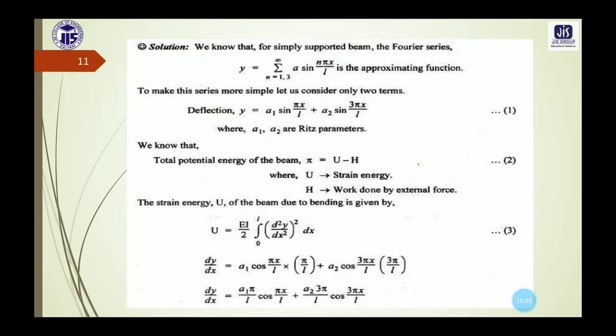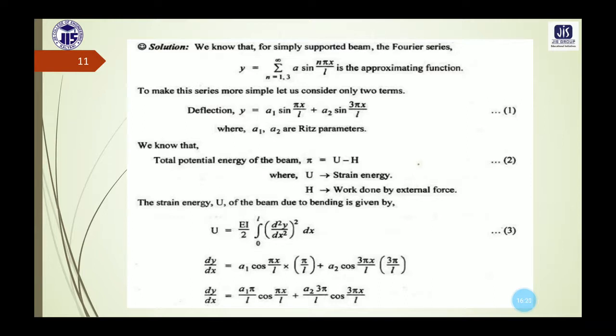Now here in this numerical, the approximation function is given, considering the first two terms of this Fourier series, that is y equals a1 sine pi x by L plus a2 sine 3 pi x by L, where a1 and a2 are the Ritz parameters.